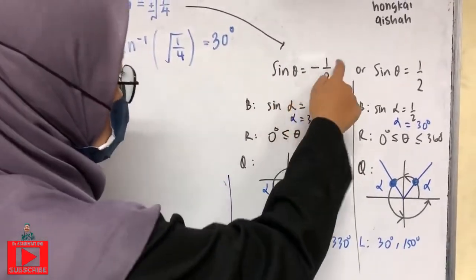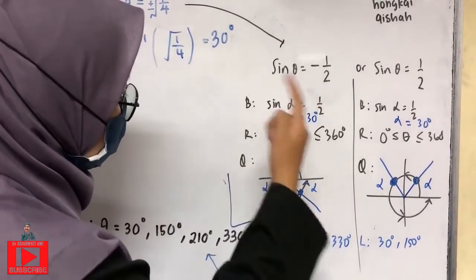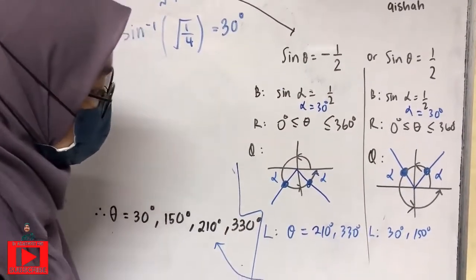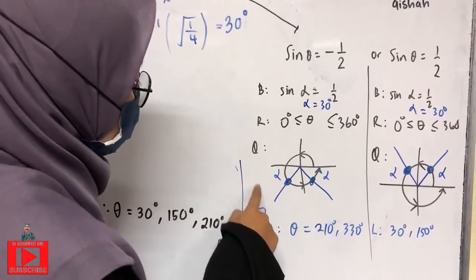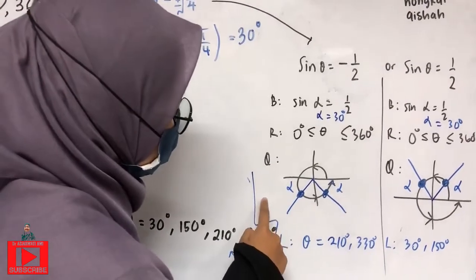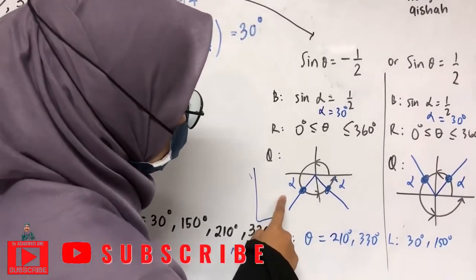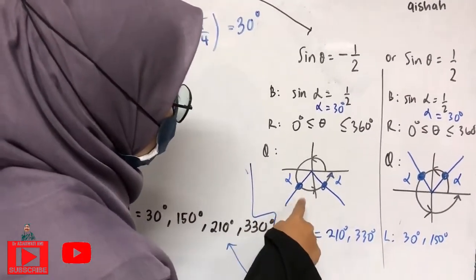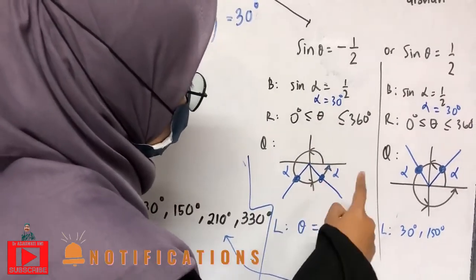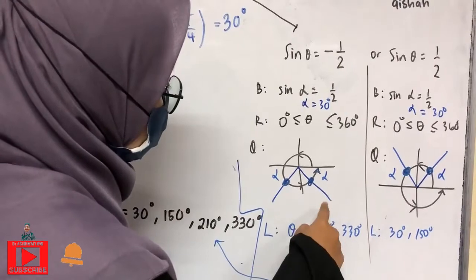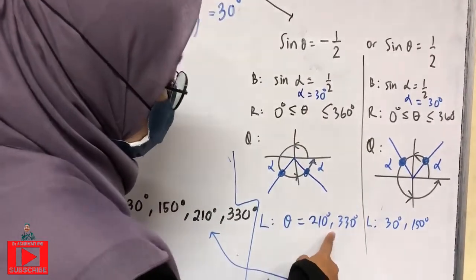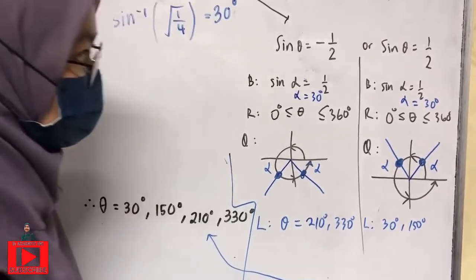Since the sign is negative, it involves the third quadrant and fourth quadrant. To find the third quadrant, 180 plus 30, and then we get 210. And then for the fourth quadrant, 360 minus 30, and then we get 330.